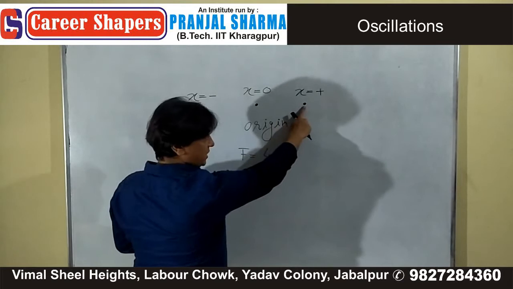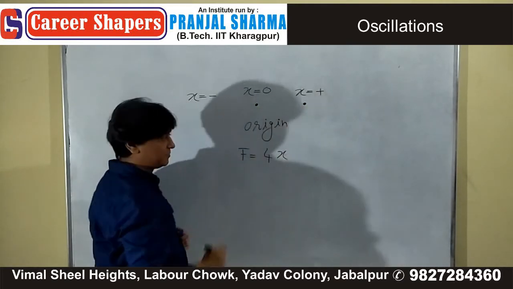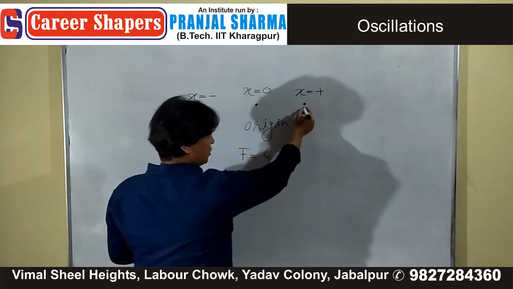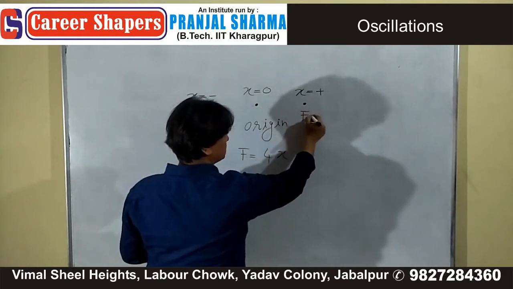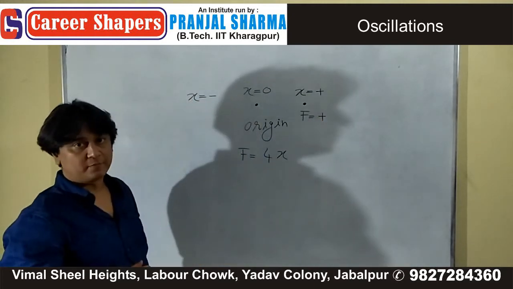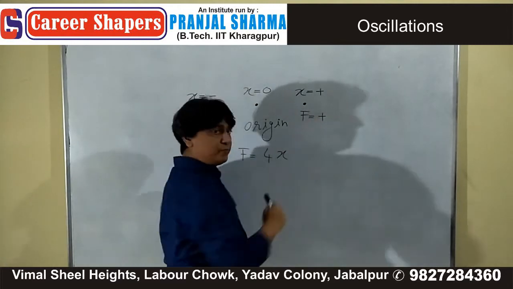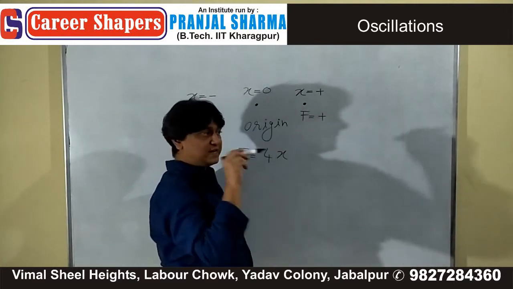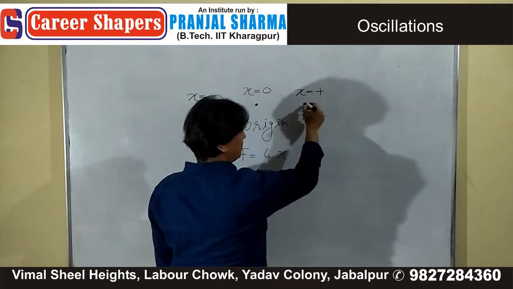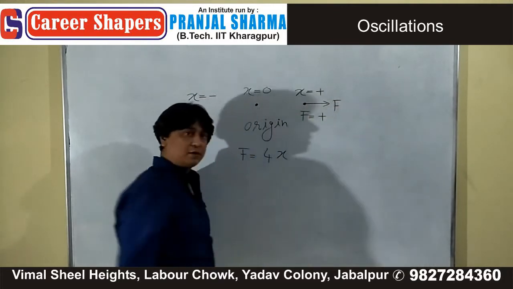Then look here, F is 4x, which means what? If you are on this side, which is the right side, x coordinate is positive. If x coordinate is positive, then force will be positive. If force is positive, what is the meaning of positive sign? Positive means east. That means on this object, you have a force which is acting on this side.